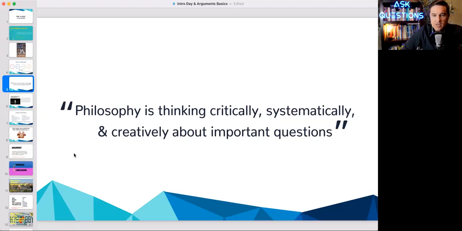And it's not just mundane, trivial, everyday kind of thinking. It's profound, deep, critical thinking that is systematic and careful and meticulous and creative and innovative.